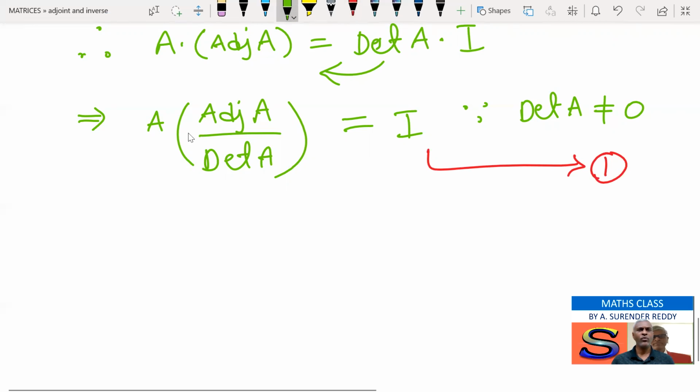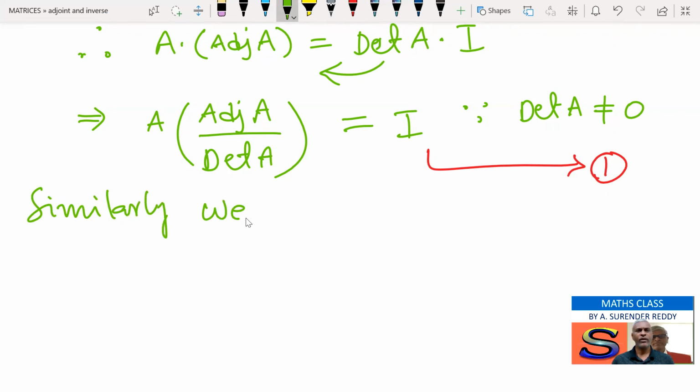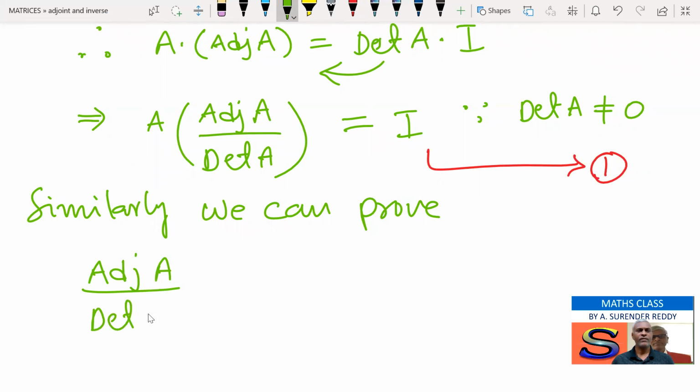Similarly, we can prove adjoint A by det A into A is also equal to 1.